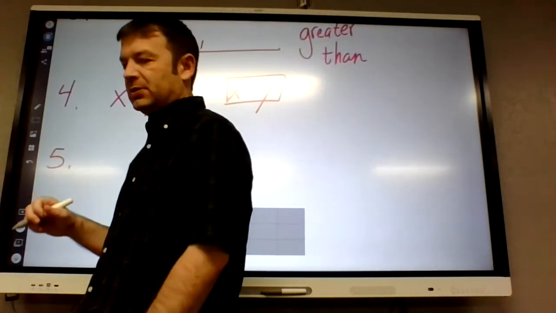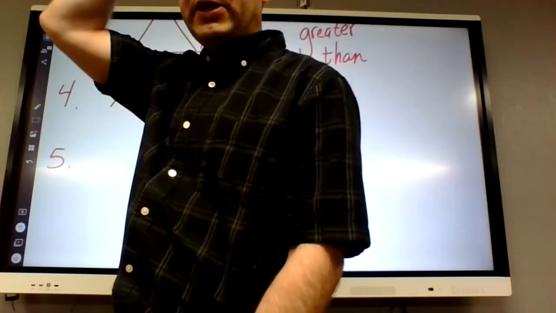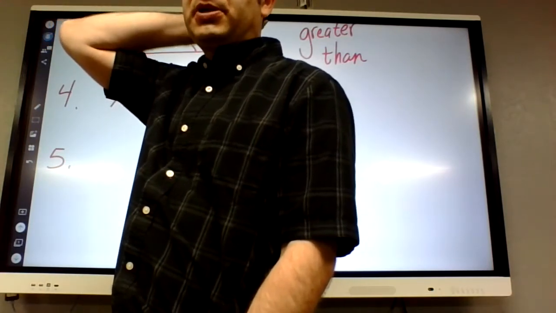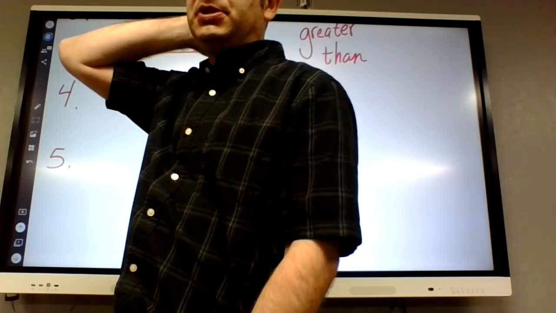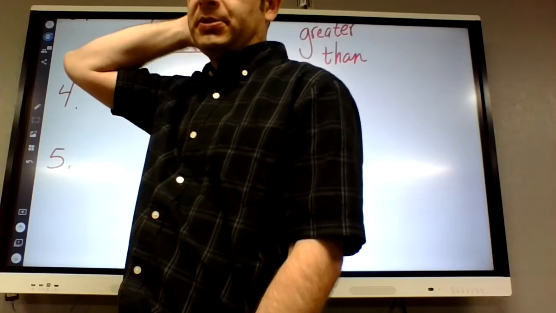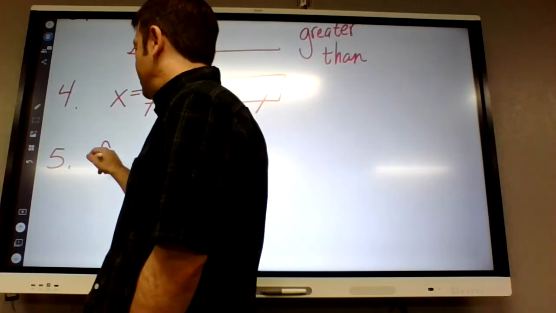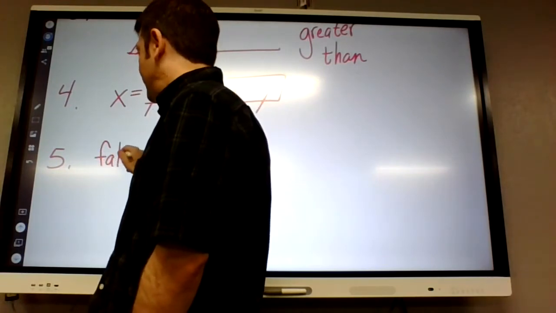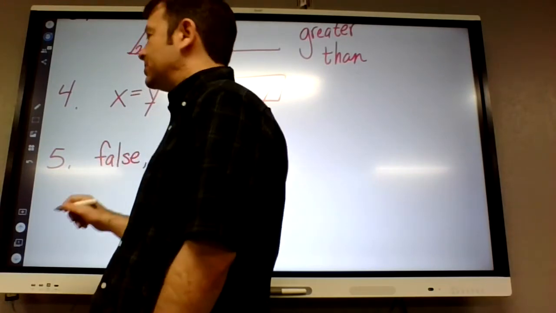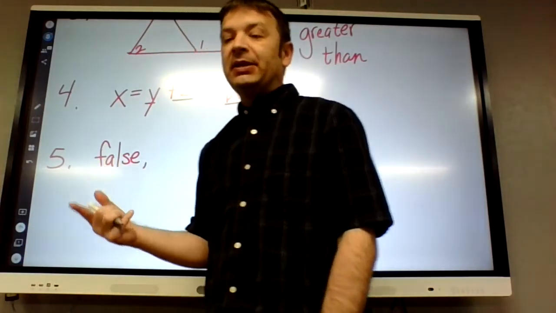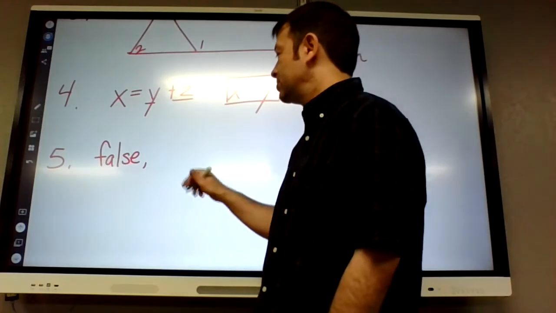Number 5. If an assumption leads to a contradiction, the assumption is what? False. Okay, this was the indirect proof stuff. If an assumption leads to a contradiction, the assumption is false, and its negation is true.